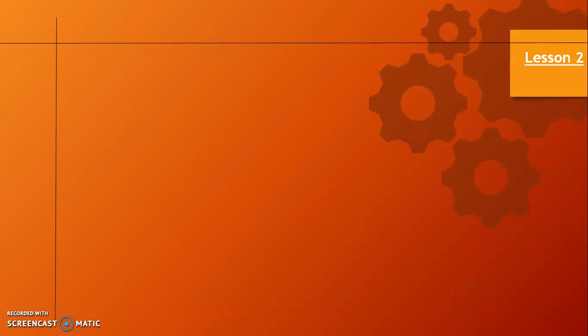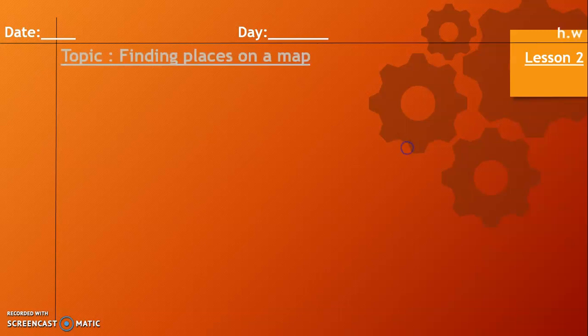Now write the date, day and homework. Then write the topic, finding places on a map, and write question number 1, that is, name the cities in these grid squares, which I have explained to you.